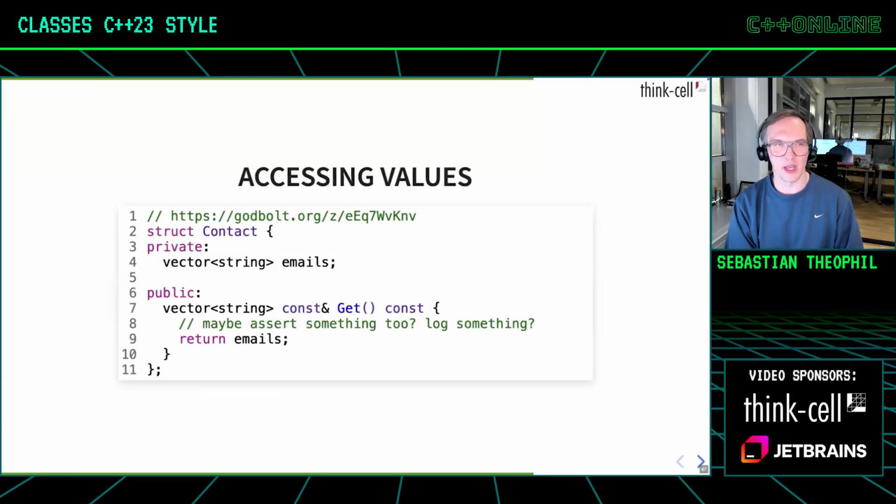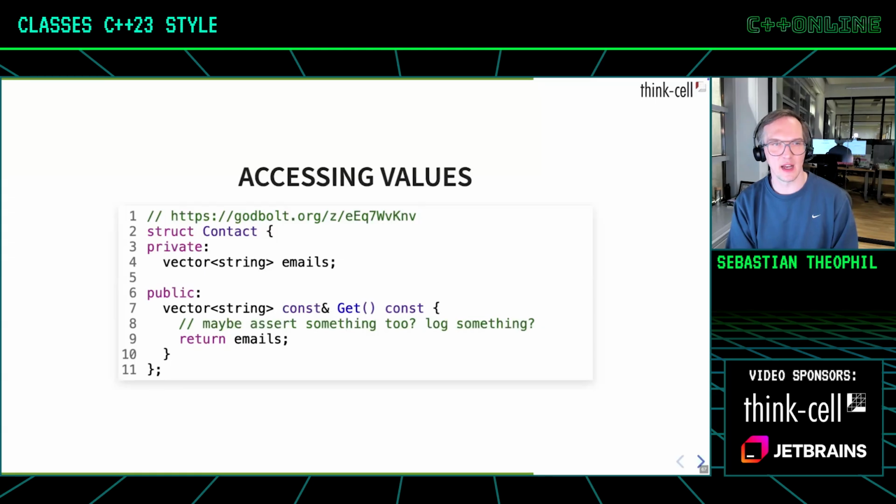Maybe just to make that member private, but you could also assert invariants in there, lock something. So there are many reasons why we sometimes do that inside a method. So the canonical way to do that in C++, I would say, is to return a const reference and to make that method then a const method, right?